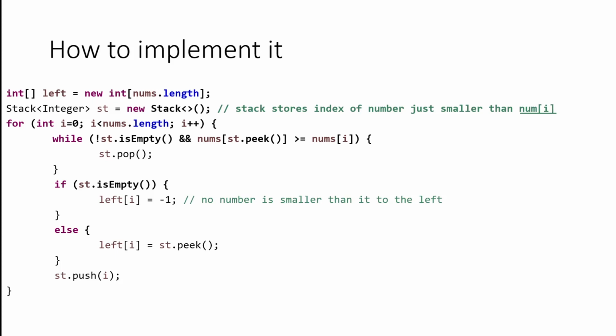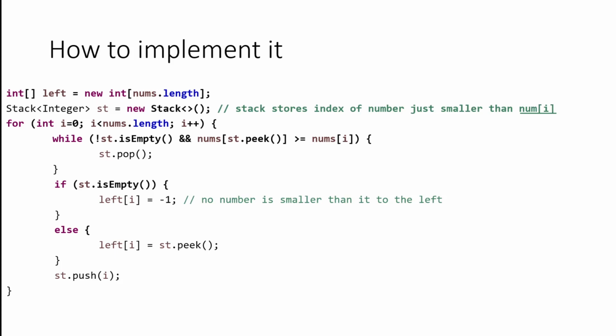Well, first of all, for the first number, the stack will always be empty. So left of index 0 will be -1. And then, of course, we'll skip that else and we'll push the index into our stack. So our stack will now hold index 0. And basically our stack will hold a list of candidate indexes.